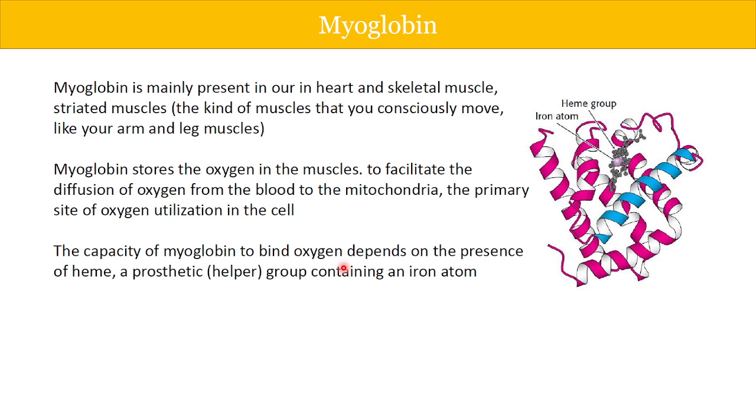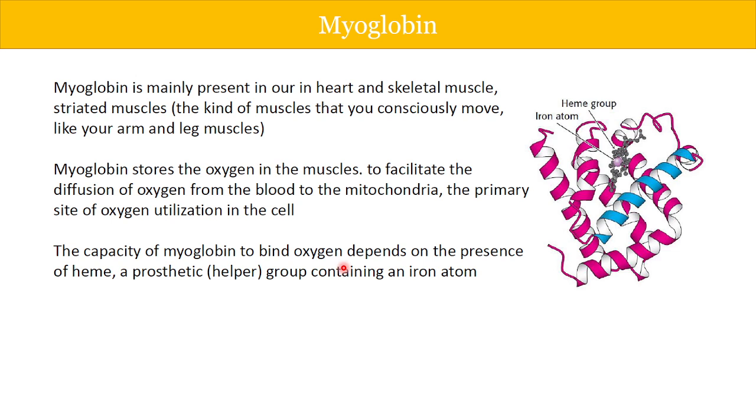The other one is myoglobin. It is present in our heart and skeletal muscles, striated muscles, the kind of muscles that you consciously move from time to time, like your arms and legs. Myoglobin stores oxygen in the muscles to facilitate the diffusion of oxygen from the blood to the mitochondria. That's the primary site of oxygen utilization in the cell.